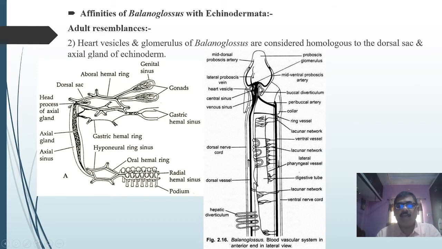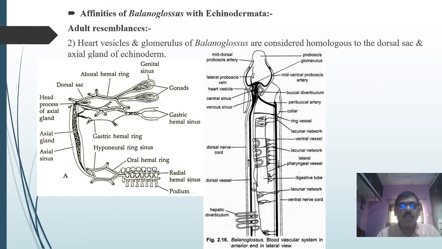The heart vesicle and the glomerulus of Balanoglossus are considered homologous to the dorsal sac and axial gland of echinoderms.